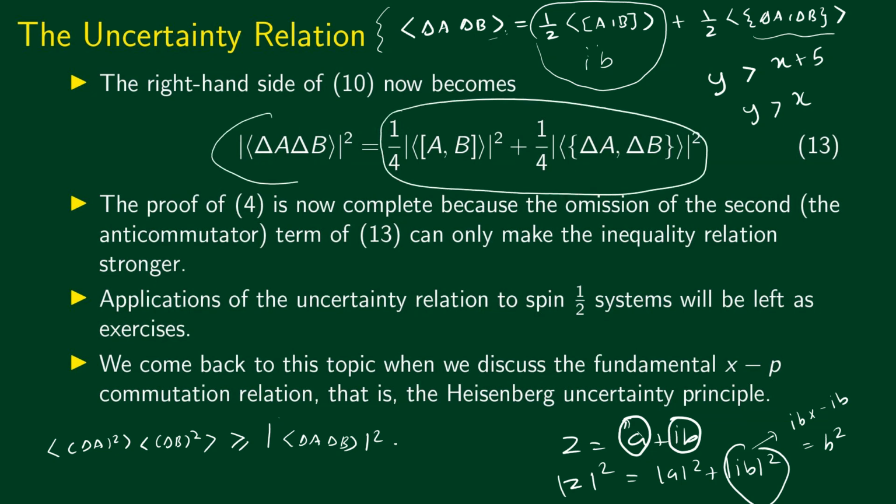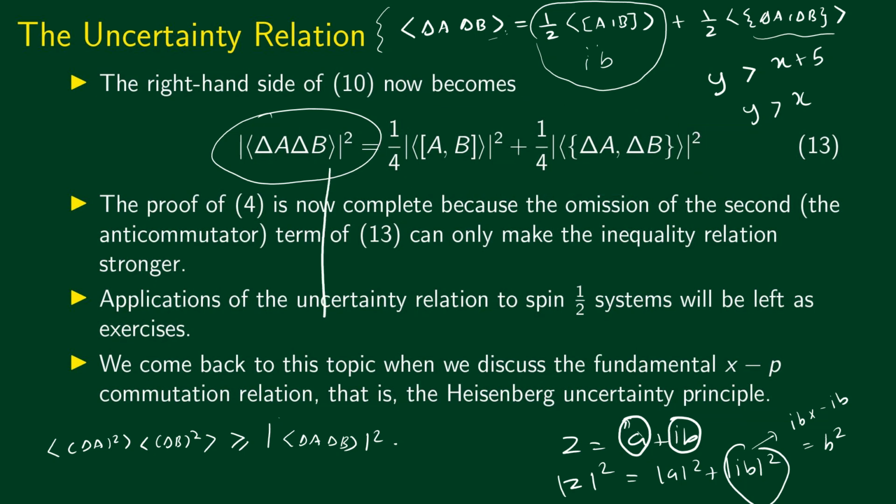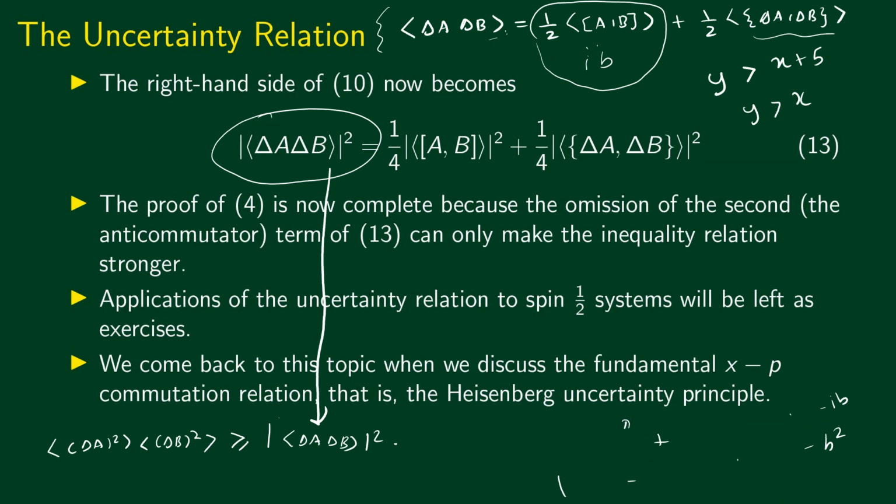This is the modulus square of the expectation value of delta A delta B. Let's substitute this into here. What do we get? We get an expression like this. Let me write it down again. The average of delta A square multiplied by the average of delta B square is greater than or equal to the modulus square here.